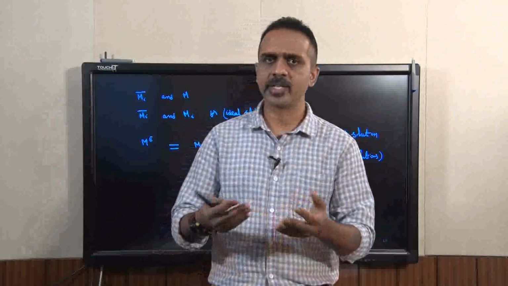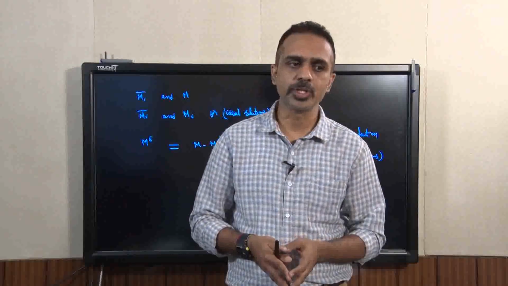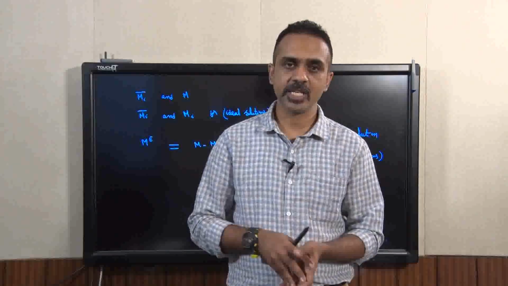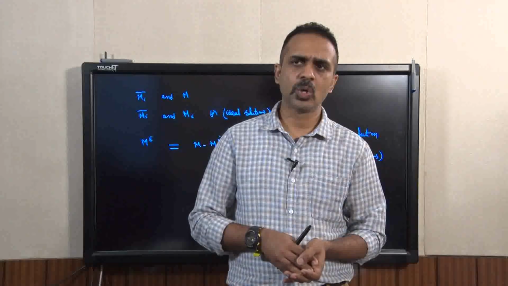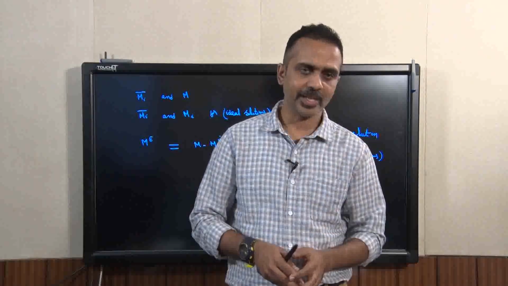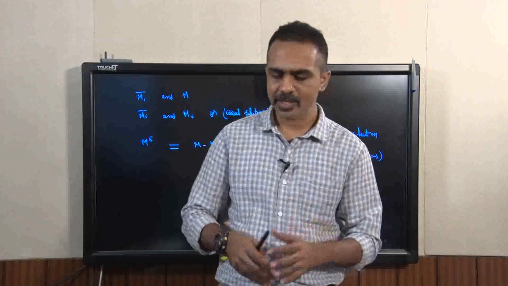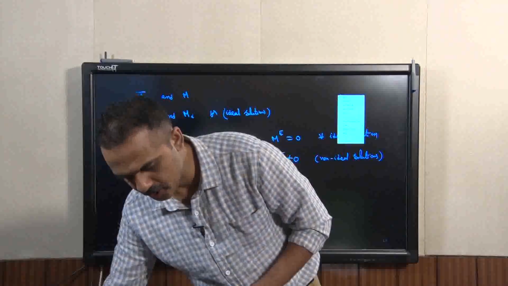For most of our cases in chemical engineering applications, we're going to use Gibbs free energy as our generating function. So what we are interested in is obtaining excess Gibbs free energy. So then we are looking for models for excess Gibbs free energy.